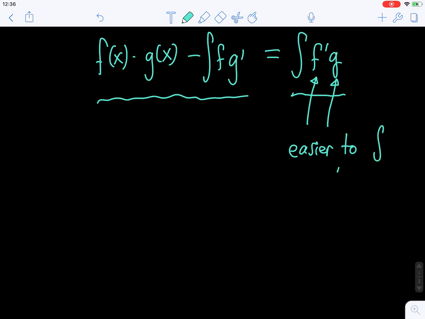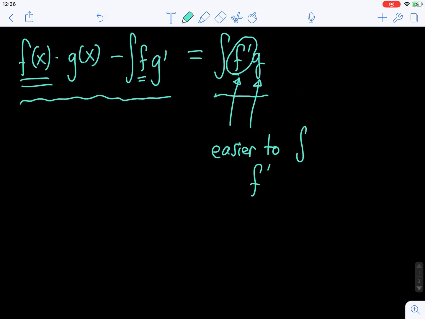Because f is being integrated, right? We go from f prime on the right-hand side here, and then on the left-hand side we end up with f's, which means we integrated f. And so the order goes like this.